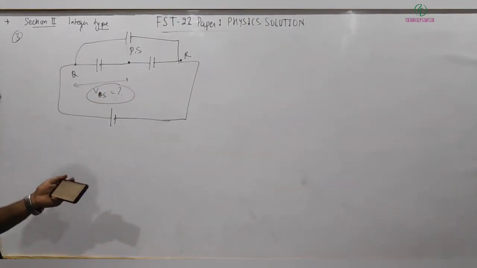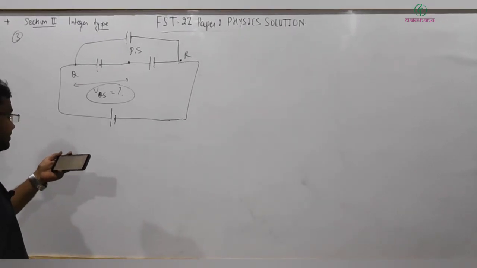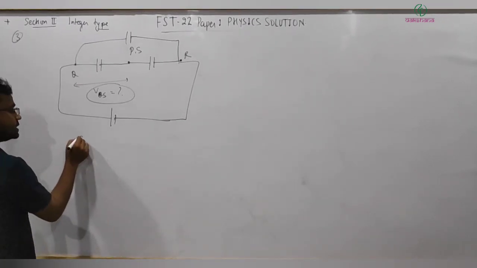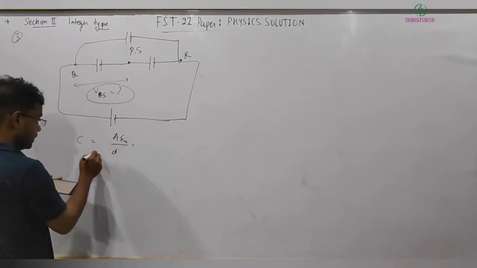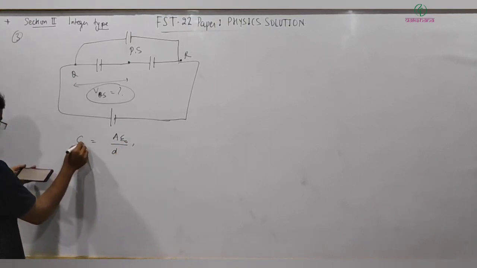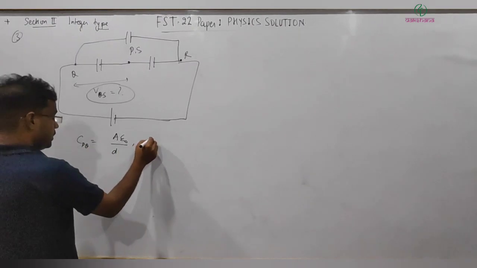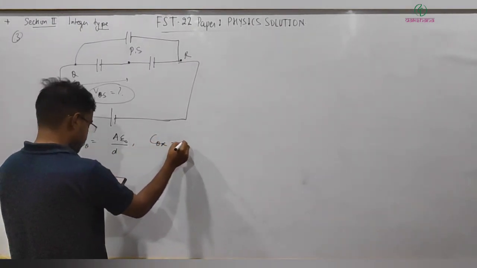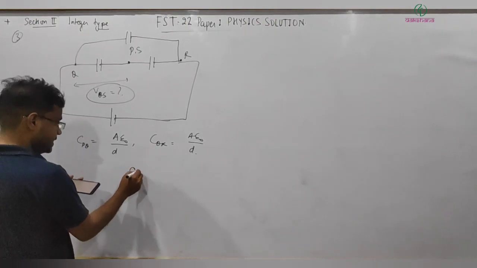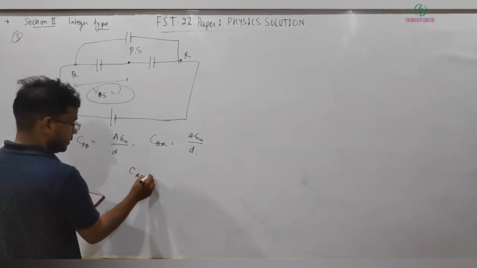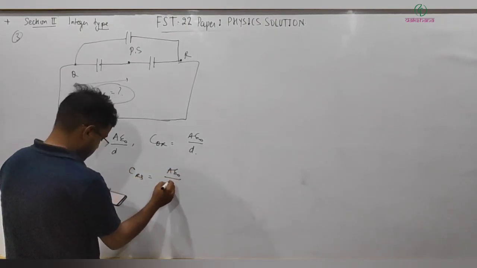First let me write, the capacitance of PQ can be written as A epsilon naught divided by D. This is PQ. CQR is also A epsilon naught by D, and CRS is given by A epsilon naught divided by 2D.